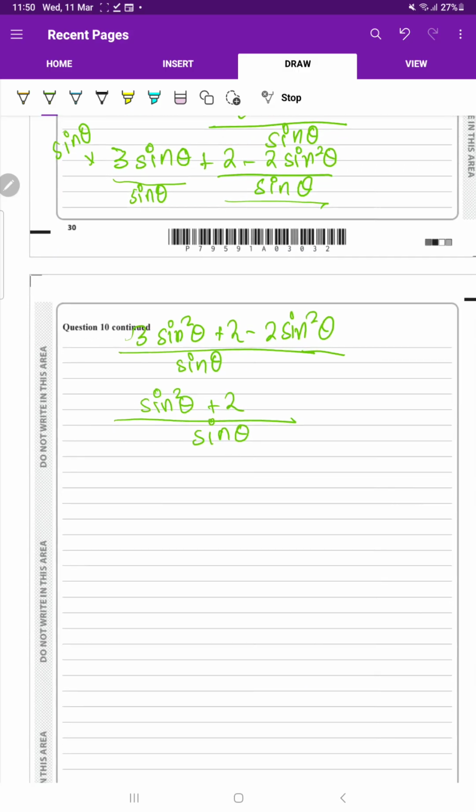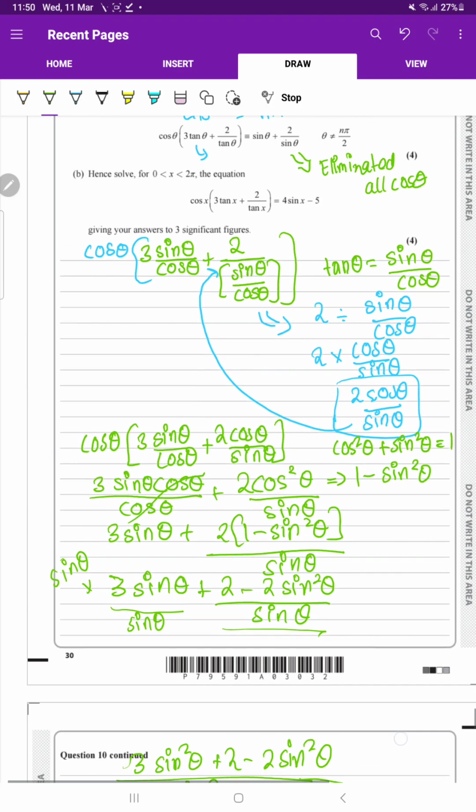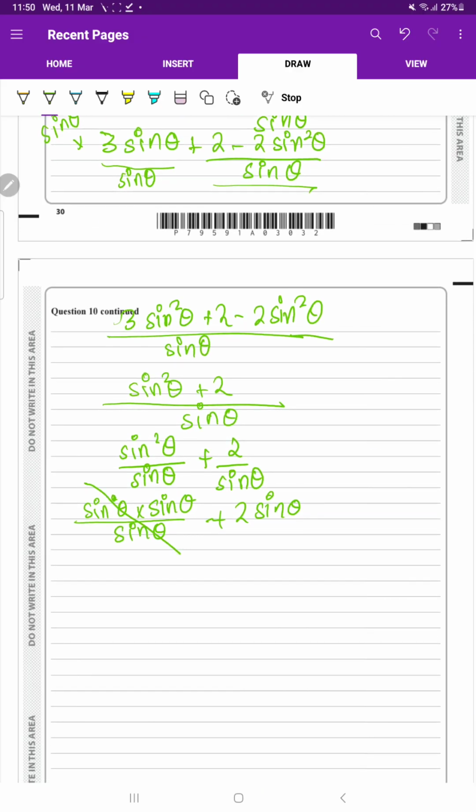Now the second step is to split this up. Since we have a common denominator of sin theta, we can just split them up: sin squared theta over sin theta plus 2 over sin theta. Sin squared theta over sin theta, the sin theta cancels out, leaving sin theta, plus 2 over sin theta.